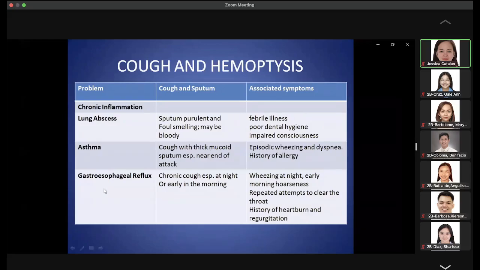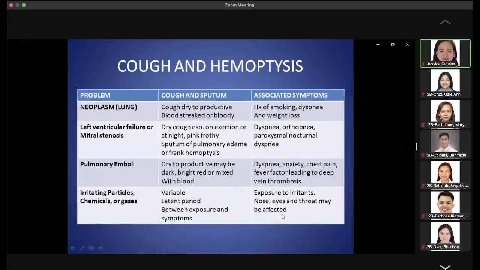Gastroesophageal reflux is also associated with chronic cough, especially at night or early in the morning. So the most common associated symptoms are wheezing at night, early morning hoarseness because of the acid, and repeated attempts to clear the throat, in a history of heartburn and regurgitation.